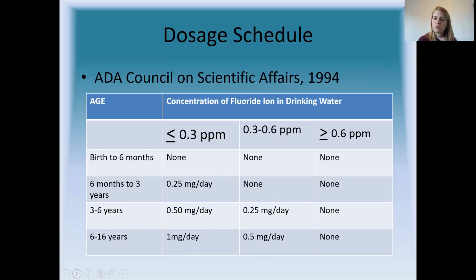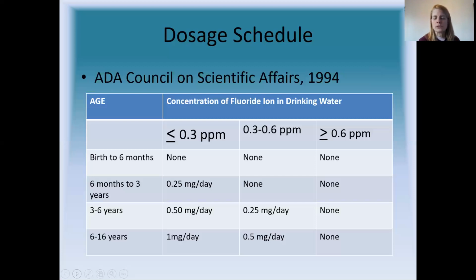If it's 0.3 to 0.6 parts per million, they recommend 0.5 milligrams per day. If their water is over 0.6 parts per million, when you add all the additional sources that a child would potentially get, there are no supplements recommended.